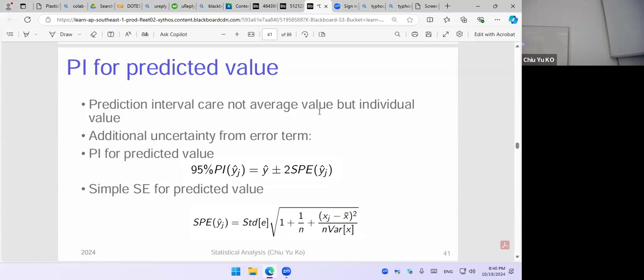Okay. So the confidence interval, what we have just seen, is predicting the average value. What do I mean by that? I need a little bit of explanation there.